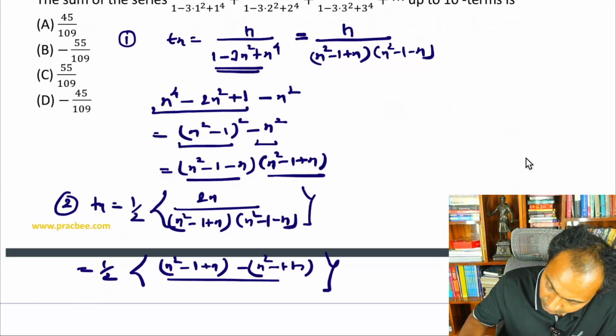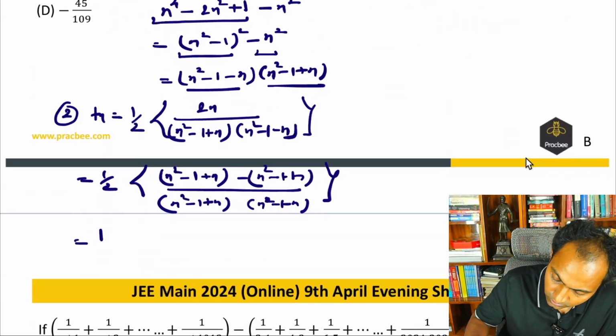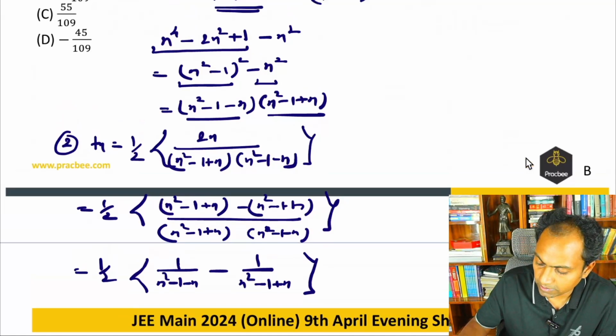If I subtract them, 2n will remain, and this is crucial because now again we are going to split it into two parts. Now this numerator, if I split it into two parts, first will become n square minus 1 minus n, the second one will become n square minus 1 plus n, if I split it into two parts.